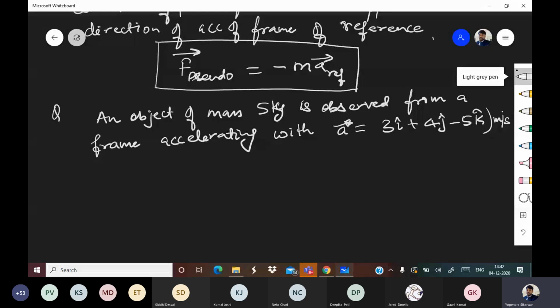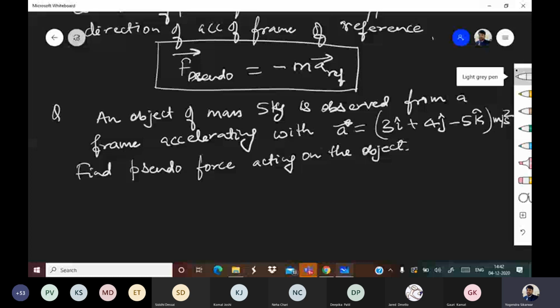Find pseudo force acting on the object. Please find pseudo force acting or to be applied. Both have same meaning.